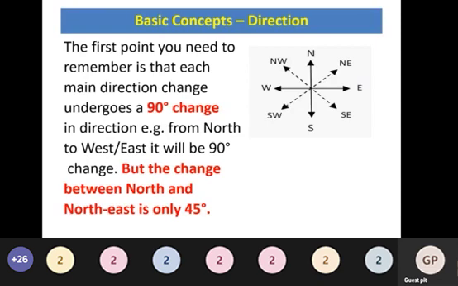So main directions change by 90 degrees, but between a main direction and a cardinal direction, for example north to northeast or south to southeast, it is 45 degrees. In general, north to east is 90, or east to south is 90. This is also very important as far as direction sense problems are concerned.